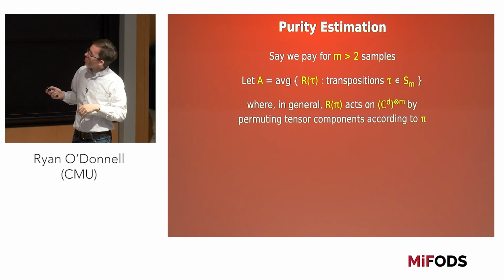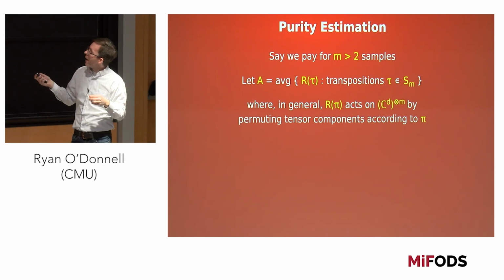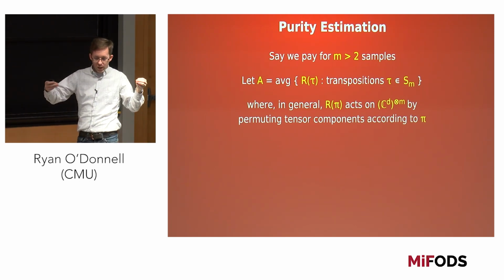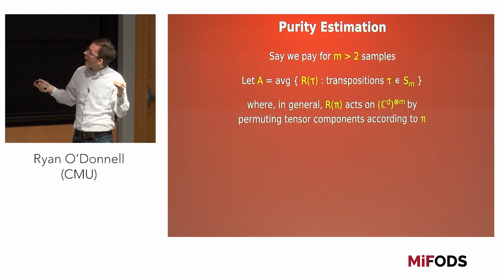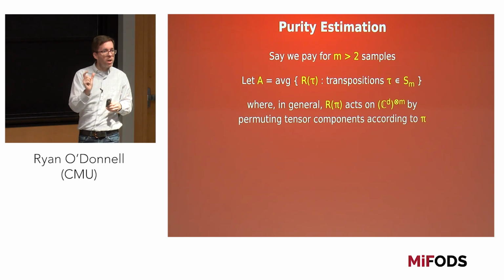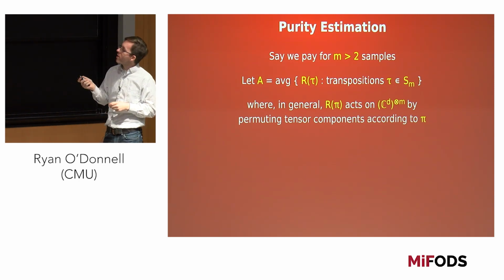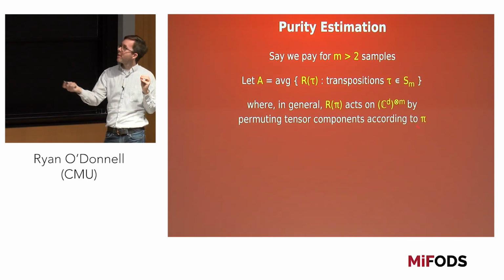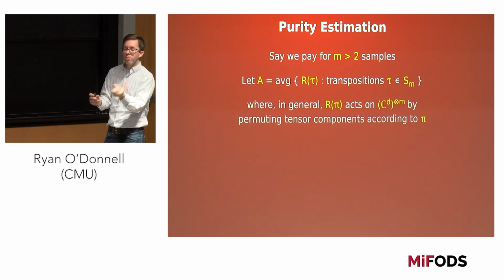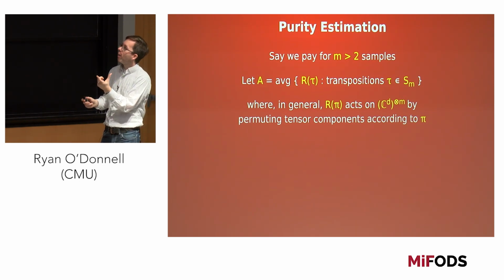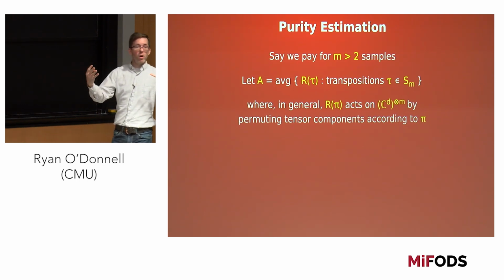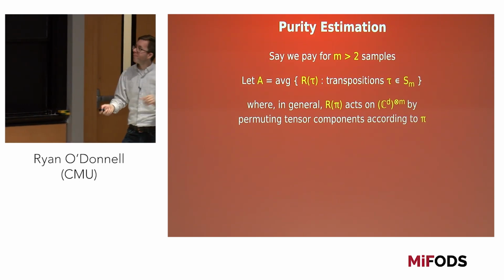So let A be the operator that takes an m-fold tensor vector, and it's just the average of all possible swapping operators. So you look at all the transpositions in the symmetric group of order m. You look at all pairs of tensor components, consider the operator that swaps that pair, and average up all those matrices. Okay?